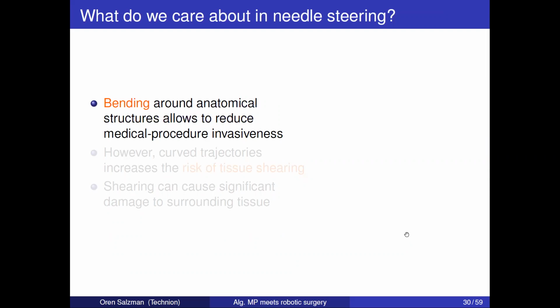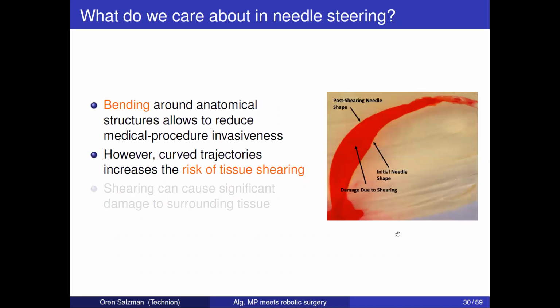Obviously, we can bend around anatomical obstacles, and this may be safer. However, these curved trajectories increase the risk of so-called shearing. So the forces applied by the needle shaft can actually shear the tissue.